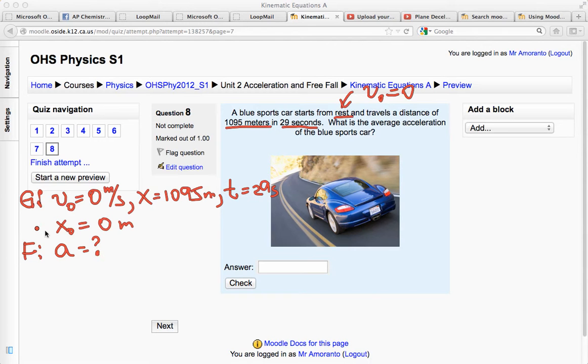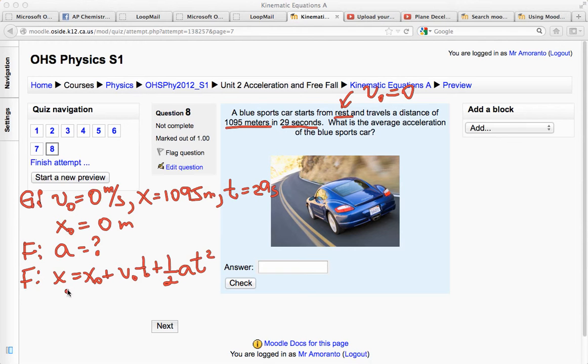Now, when you look at your list of formulas that has acceleration, distance, initial velocity, and time, the only formula that works for this one is x equals x initial plus v0t plus 1/2 at squared. So the hard part here is not plugging in the numbers, but the algebra to solve for a.